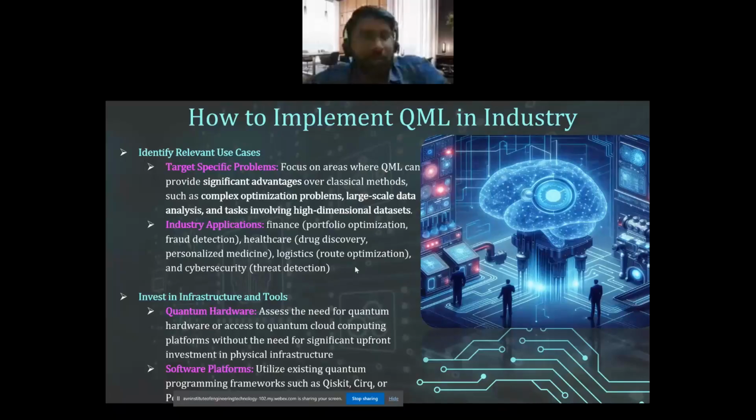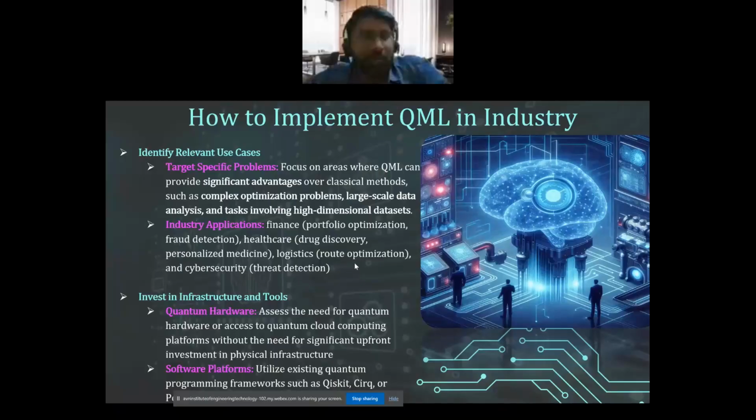If you want to implement quantum machine learning, then we need to have infrastructure and tools. The hardware and software platforms are the major things. Instead of initially going and buying the hardware and spending a lot of time and money on it, we can leverage somebody else's hardware through cloud computing or cloud access.